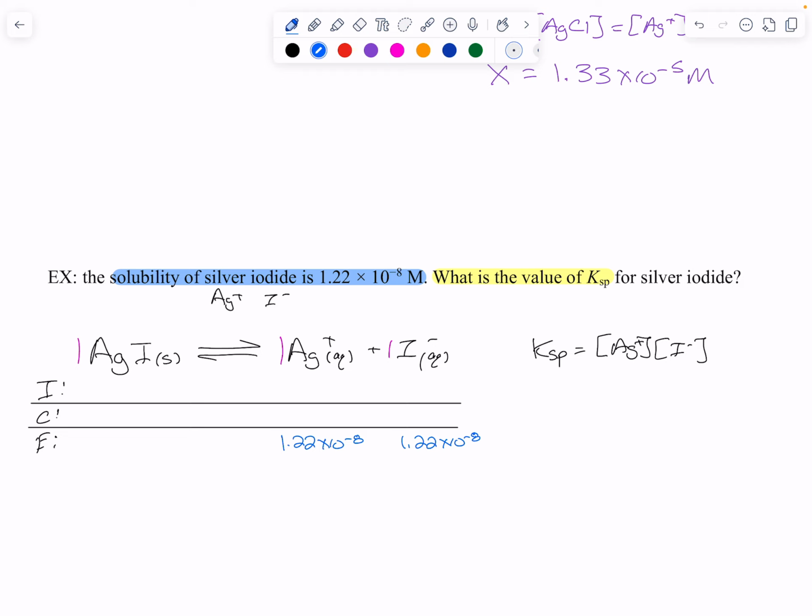That's what we got. All right, so what do we do with that is the question. Well, we know that we had some silver iodide, right? We know it was 0 and 0, and then we knew we have these concentrations. So all I need to do is take these two concentrations and plug them in.